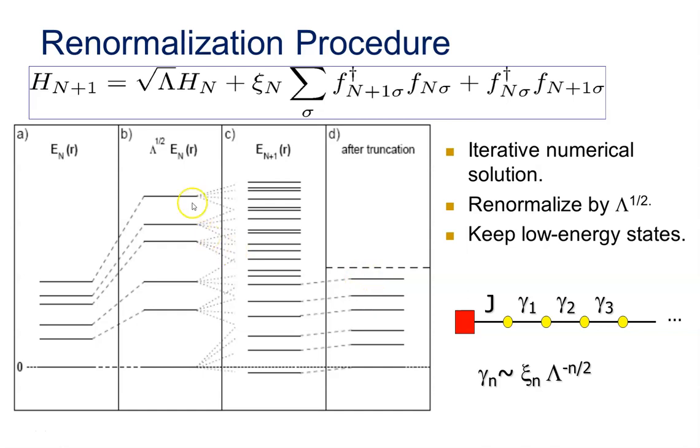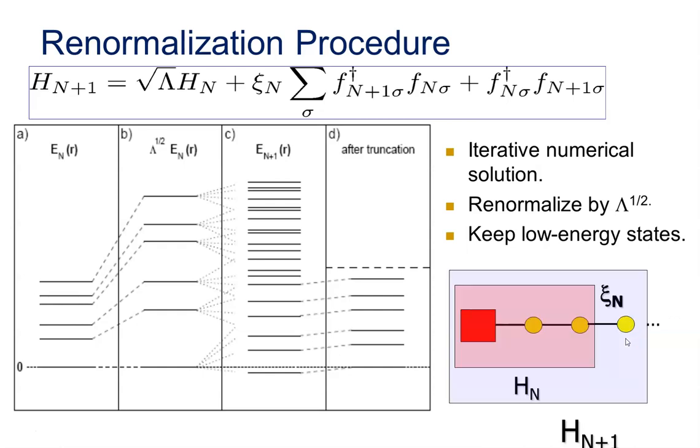So I'm now going to lower energy scales because I'm increasing the number of sites in this chain, but I'm doing it in a very controllable way, and so I keep my accuracy in terms of describing states in the same percentage as in the first one. So in absolute terms in energy, I'm getting more and more precise as I go down in energy scales.